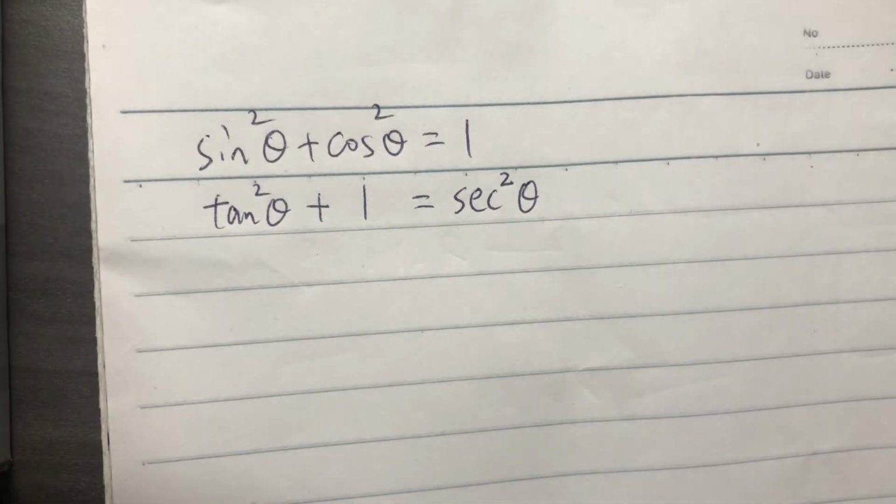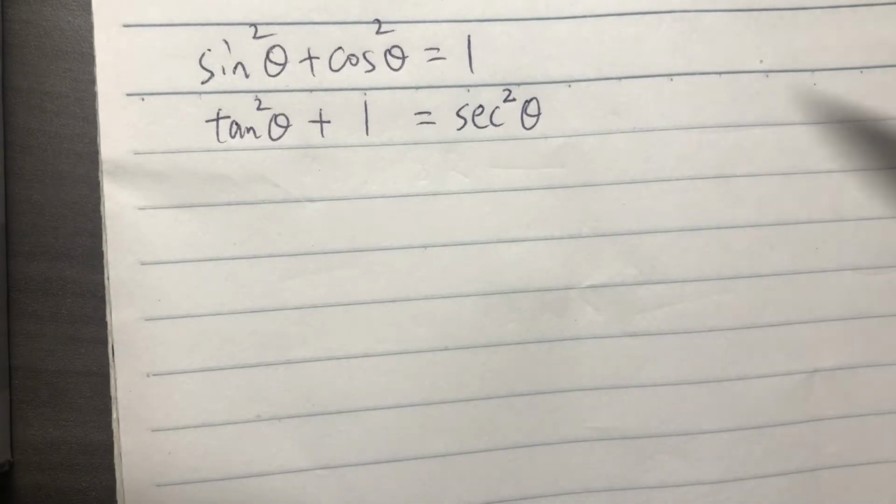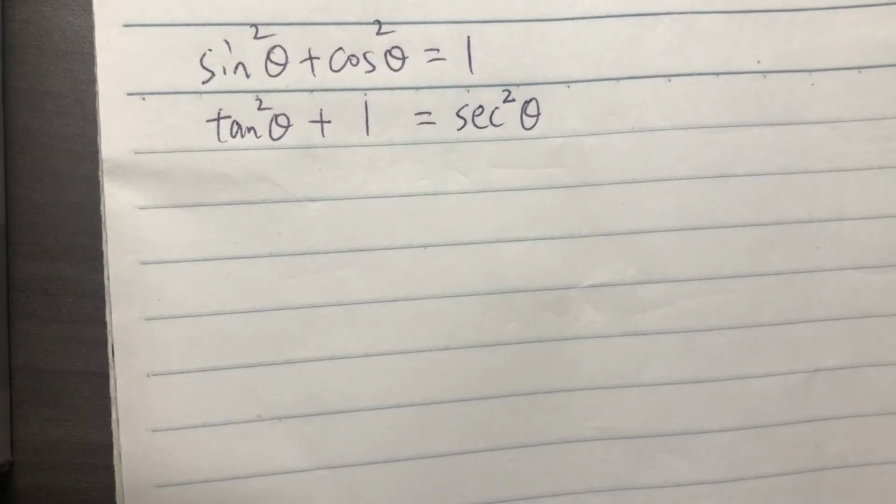These are very important identities for trig functions. So how do we use these two identities for trig substitution?